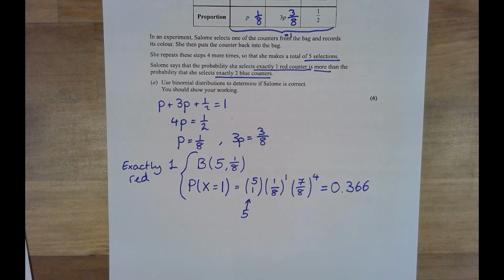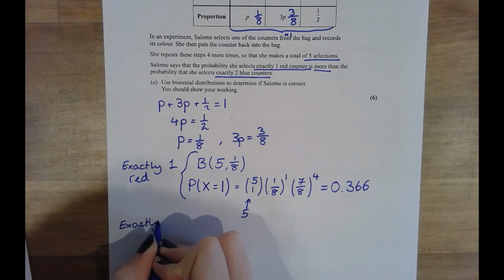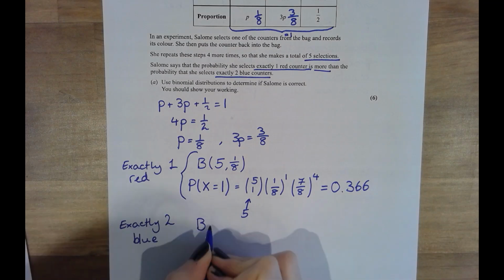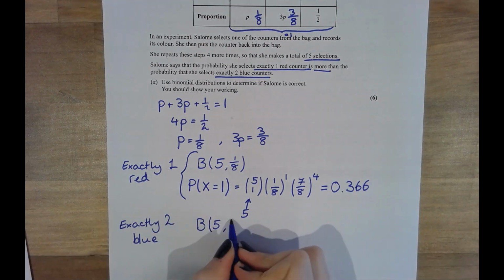I need to compare that though to the probability that exactly 2 blues are chosen. So exactly 2 blue. Again, same as last time, we will start by writing out our binomial distribution. We still have 5 selections, but our probability of success is now the probability of choosing blue, so will be 3/8.